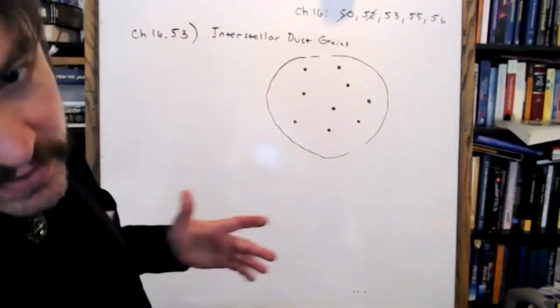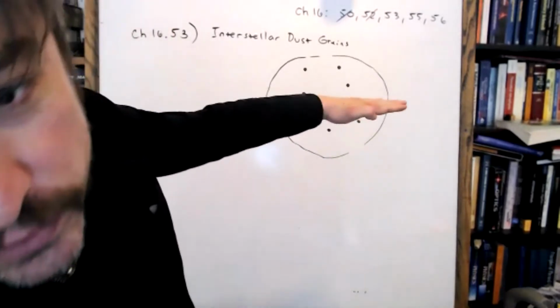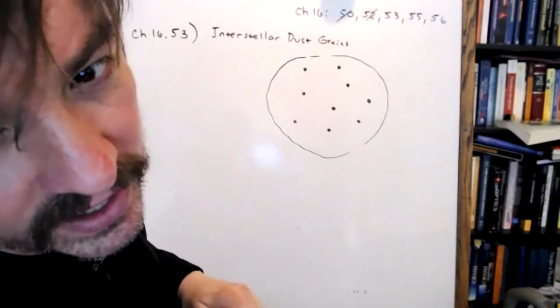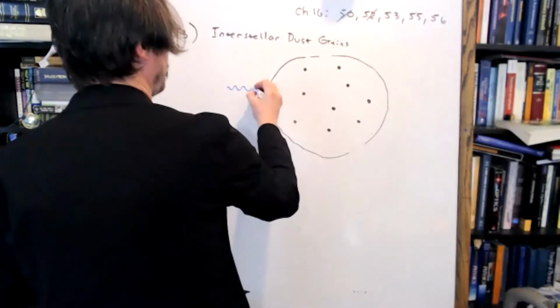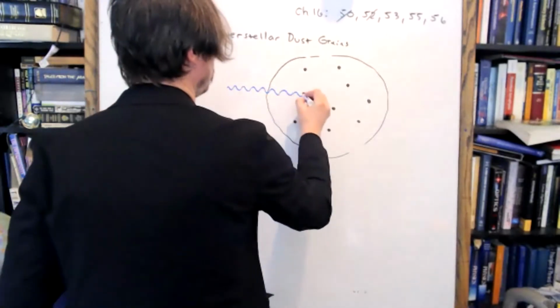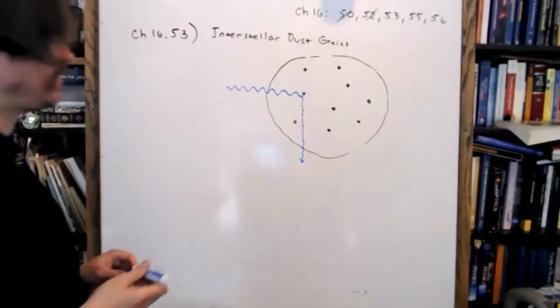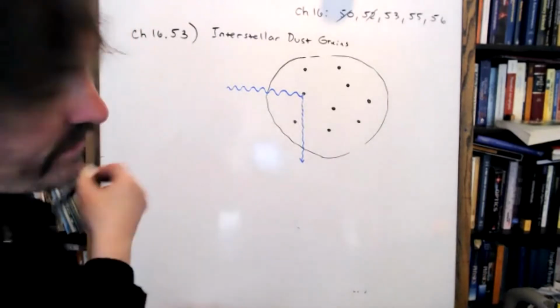The story that Vladimir is about to read is of a little blue photon traveling through the cloud, and we're trying to figure out how often it'll hit a dust grain. So let's draw our little blue photon coming in. It's going to hit the dust grain, and then it's going to scatter off to the side, okay? Okay, Vladimir, read it away.